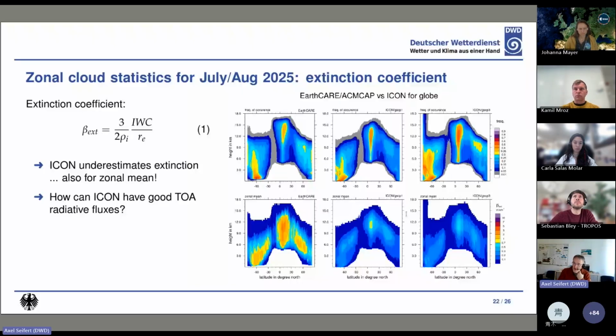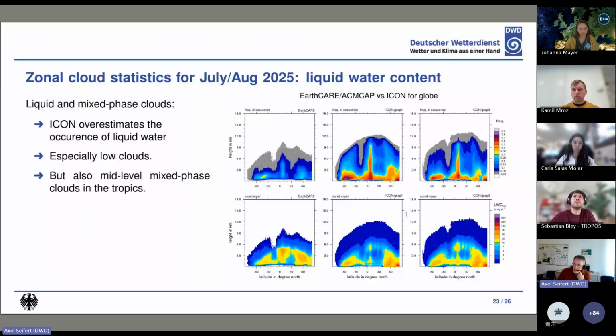So what's going on is actually, you can see when I do the same statistics for the liquid water content. For the liquid water content, we have a much too high frequency of occurrence in both ICON versions compared to EarthCARE, and the liquid water content or amount, now that's also the zonal mean already, not the amount when present, is fairly good, in the right order of magnitude at least.